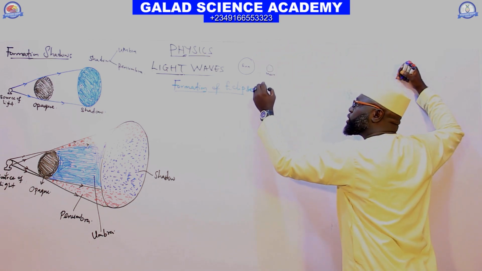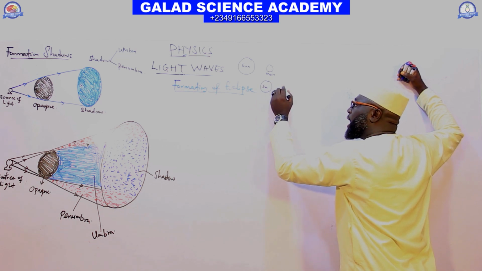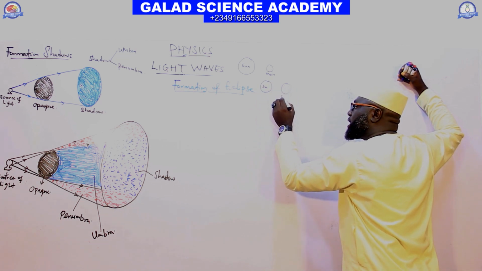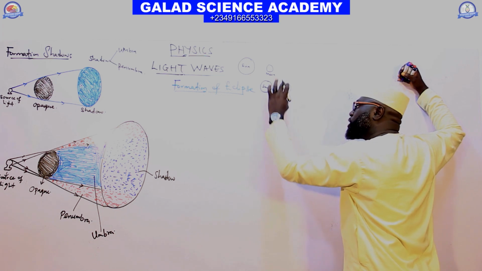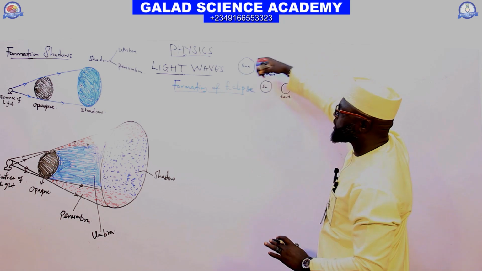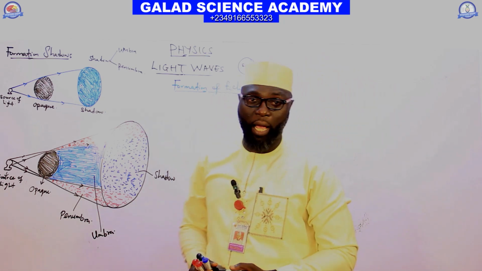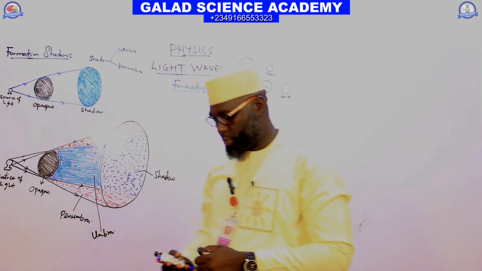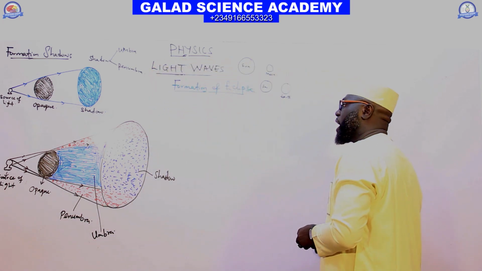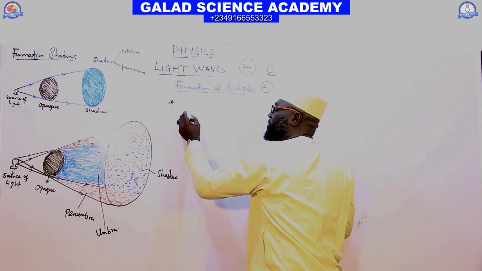Or if we have a sun like this, and we have earth, and the earth blocks the sun, we also have an eclipse. So there are two basic types of eclipse.